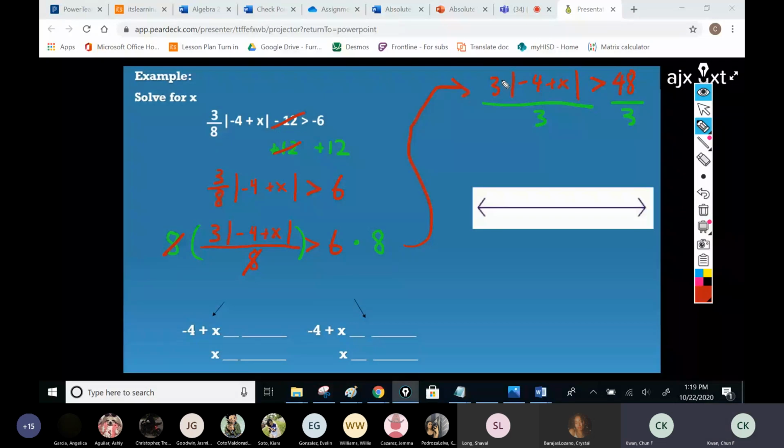It cancels out, so you have just the absolute value of -4 plus x. You are dividing by a positive number, so you do not have to flip the sign. And 48 divided by 3 is 16.